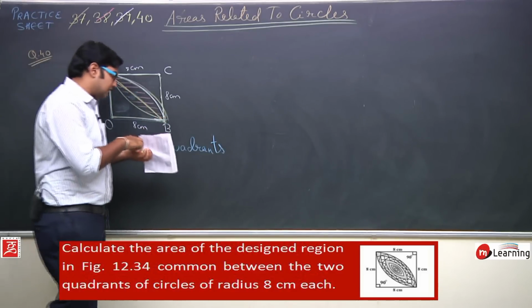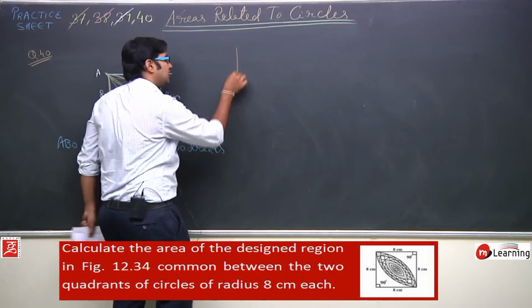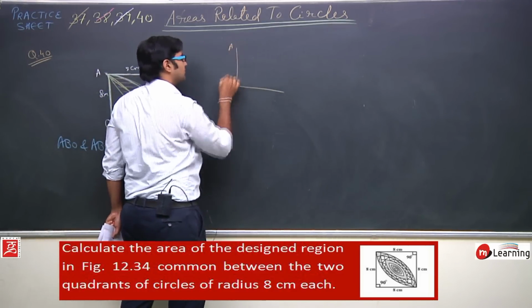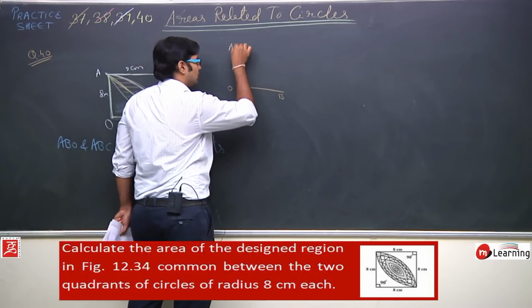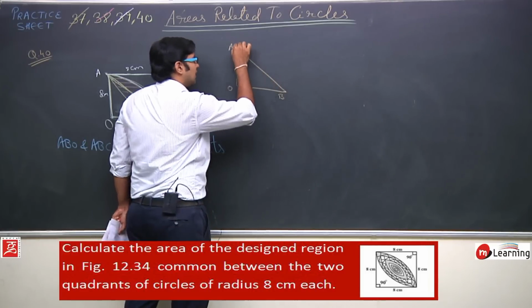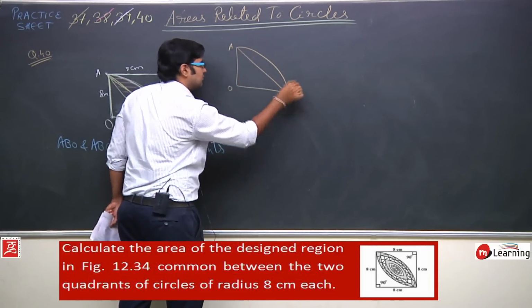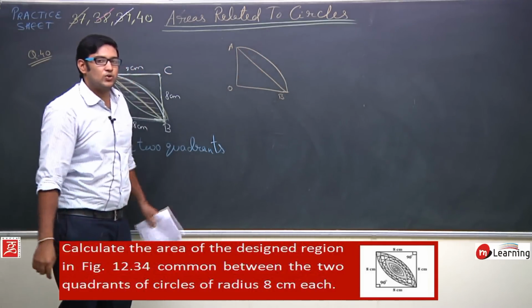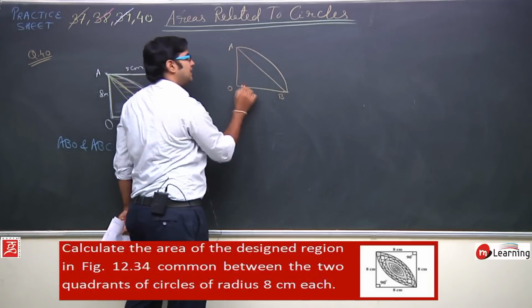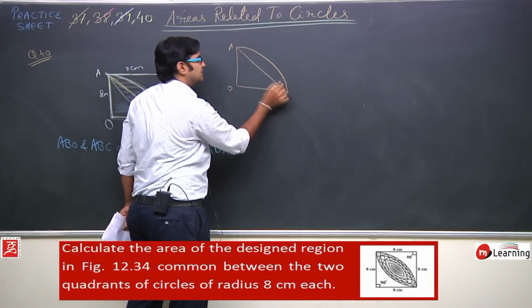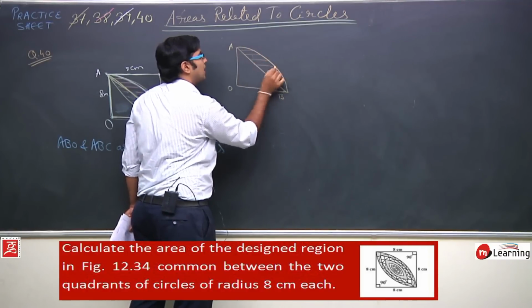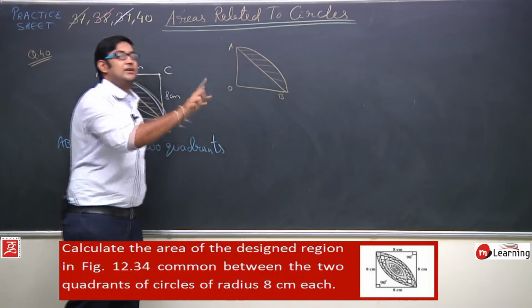What I am saying is, if I consider only the AOB quadrant and join this AB, I will have two areas here. One is the area of triangle AOB and another is this part. Now what is this part? This is the segment.